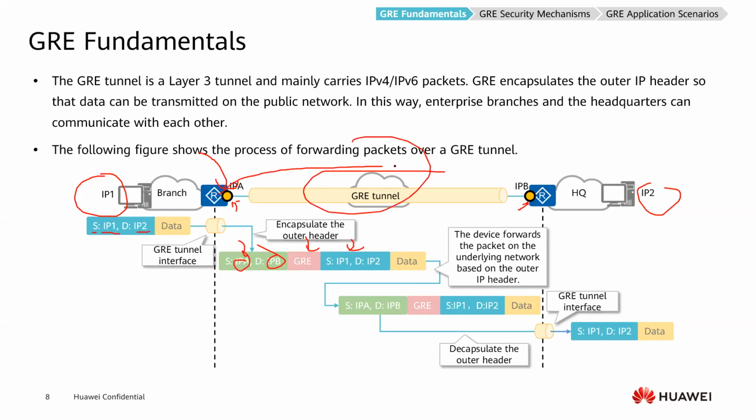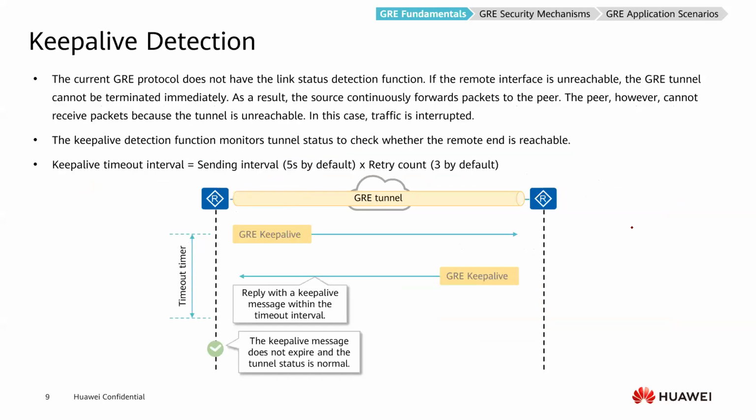When B receives it, it sees the destination is B and decapsulates the packet. It is a GRE packet, so it continues to decapsulate, and the inner header is IP1 to IP2, so it continues sending to the destination. GRE is a very simple idea, nothing difficult.